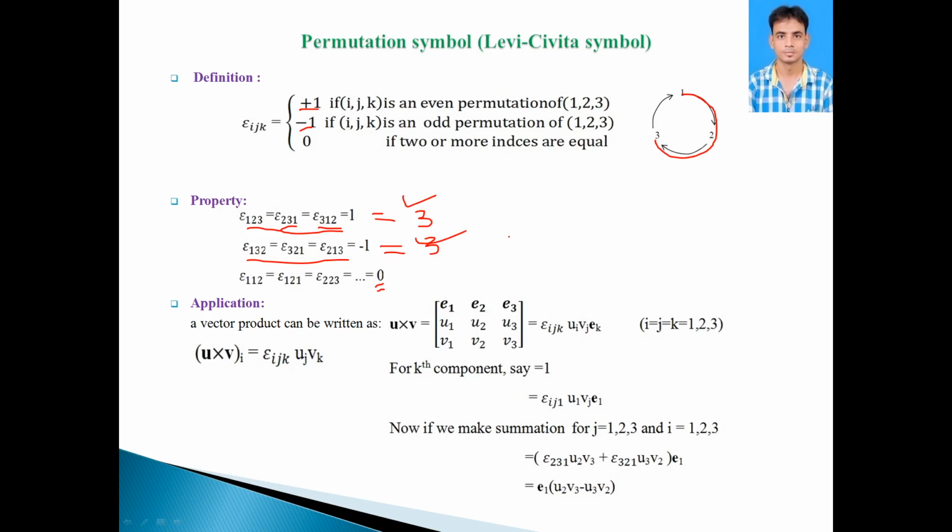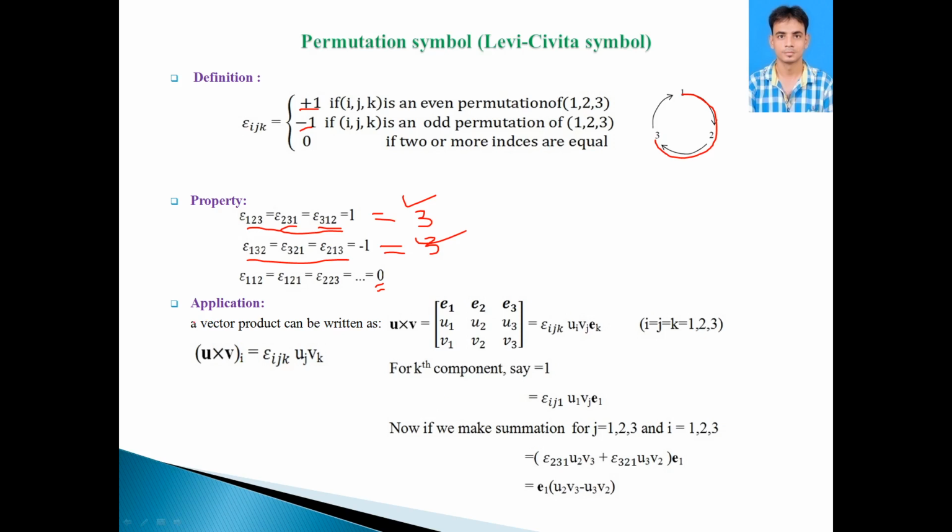Now this epsilon ijk has a very important role in solid mechanics. You will see in the subsequent lectures what is the use of this permutation symbol. There are lots of applications.